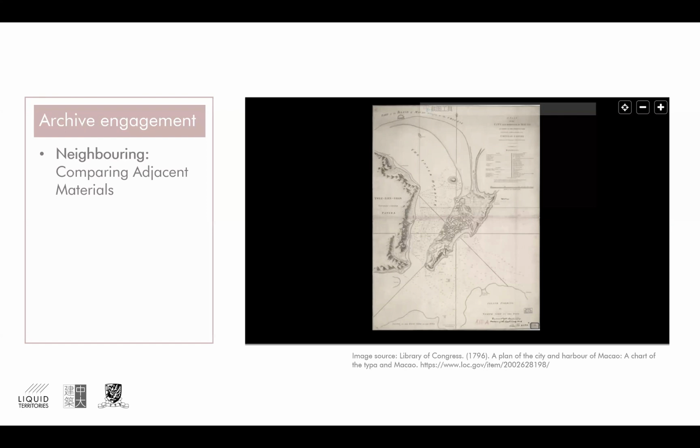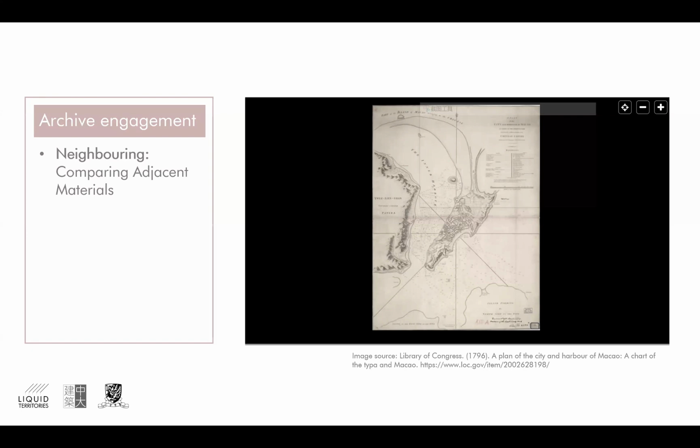And then once you're in the archive, you may be able to look into neighboring materials that are adjacent to where physically the source you have found is situated. This can help you discover better context of the source you have found.